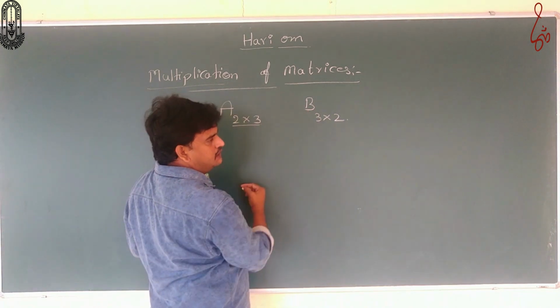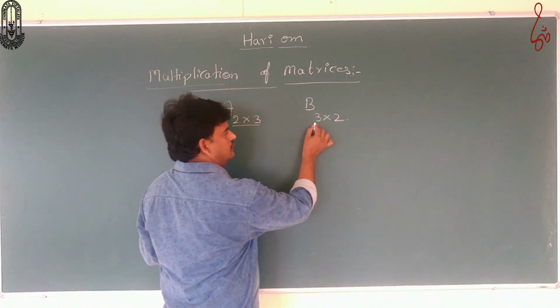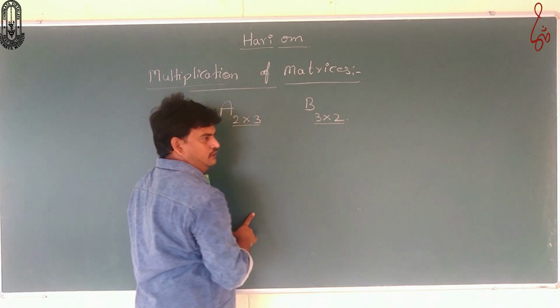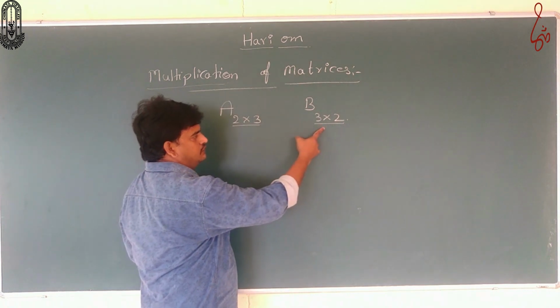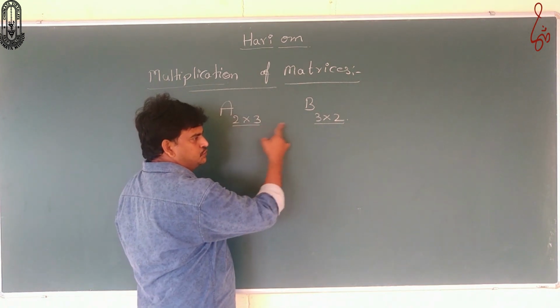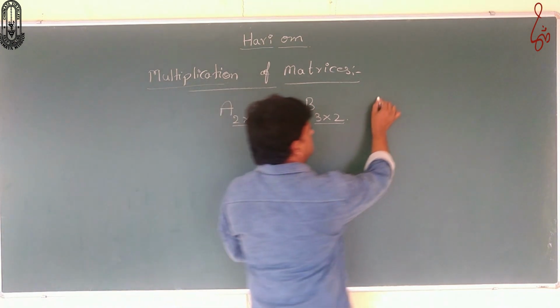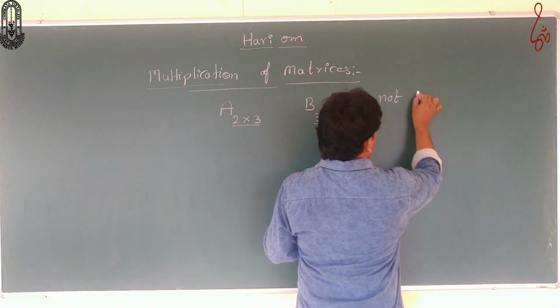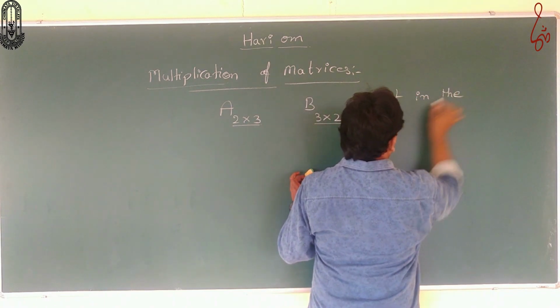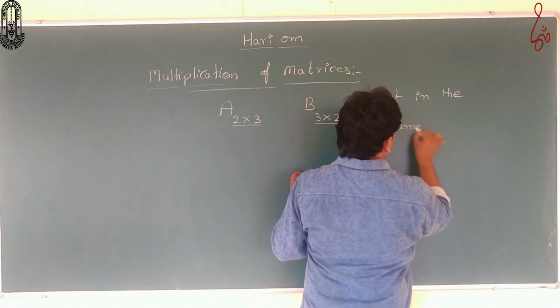The second matrix B is having 3 rows and 2 columns. These two are not in the same order. So the orders are different.